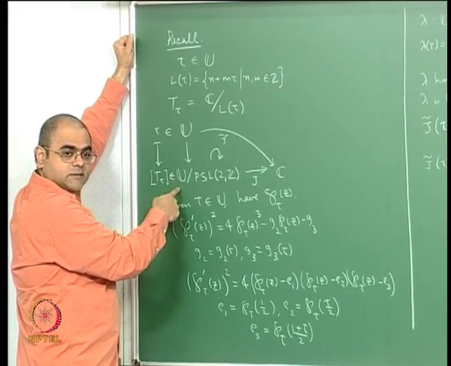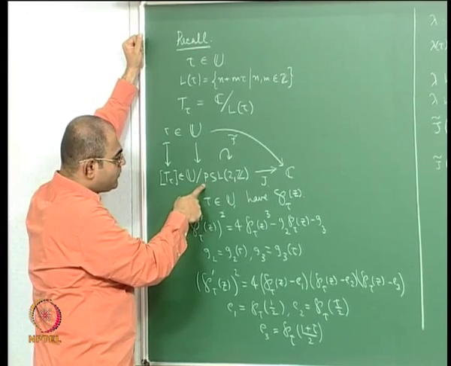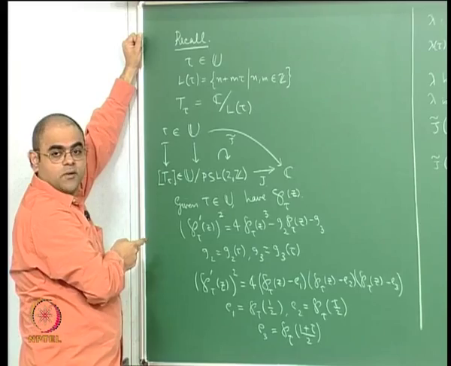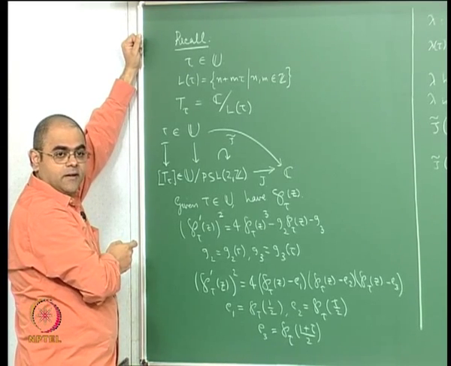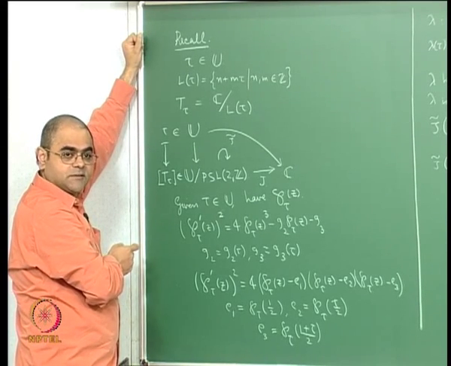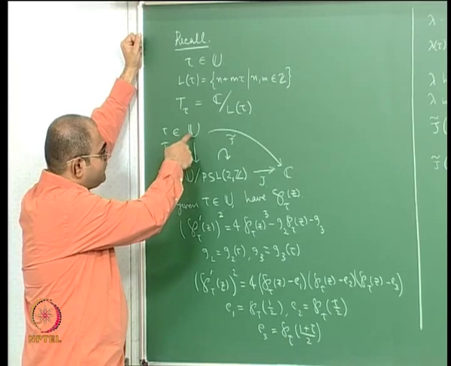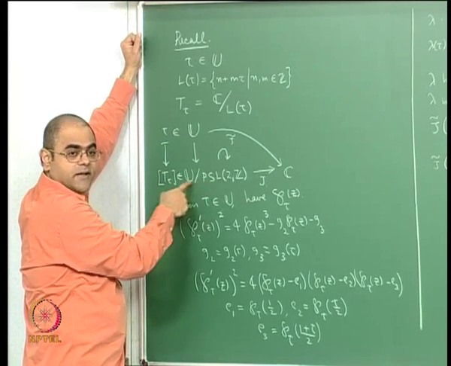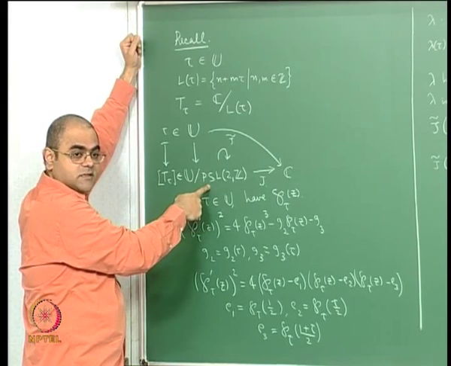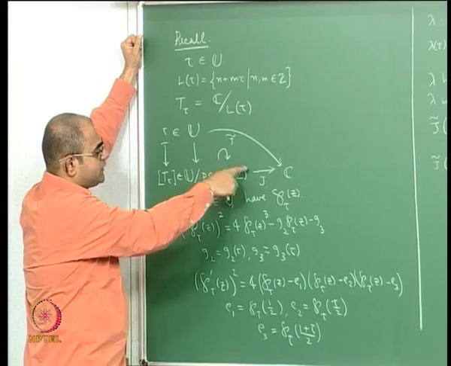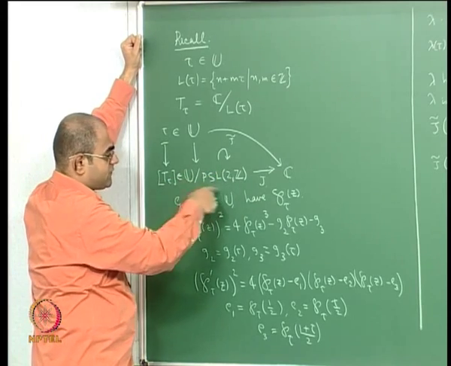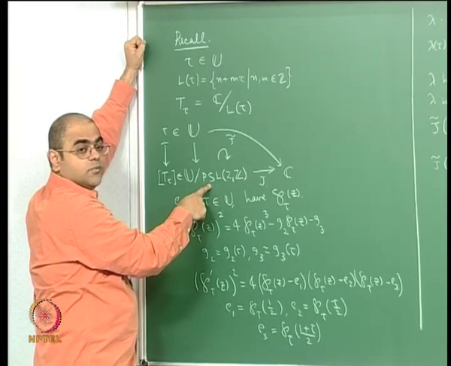We proved earlier that the action of this group on the upper half plane is a properly discontinuous action, and when you take a quotient by a group with a properly discontinuous action, the quotient can also be given a Riemann surface structure.